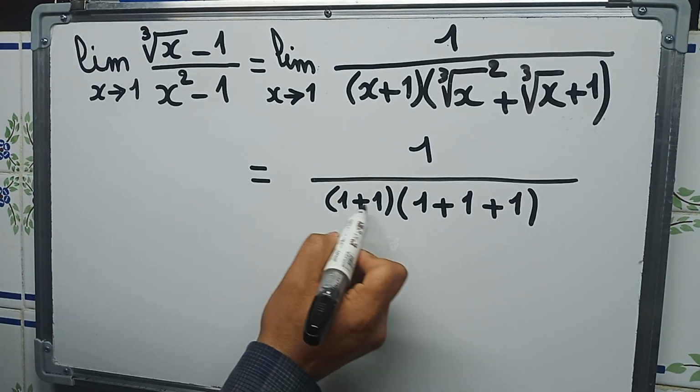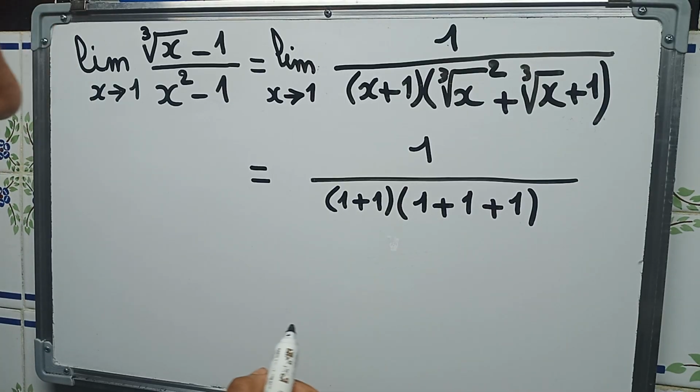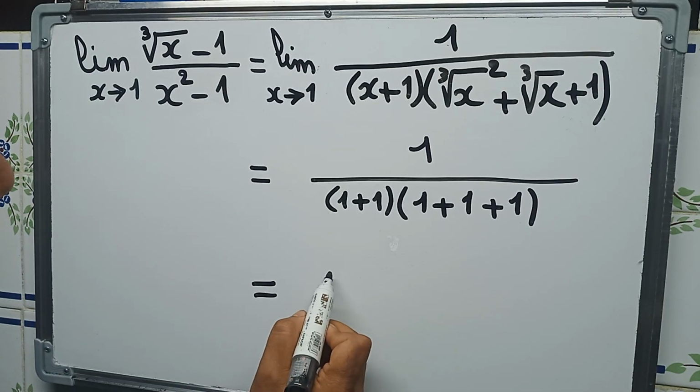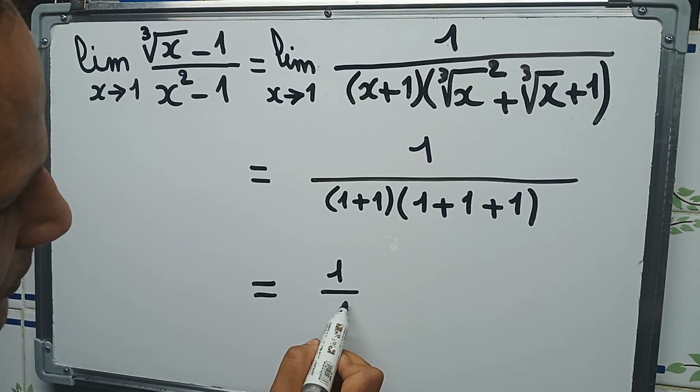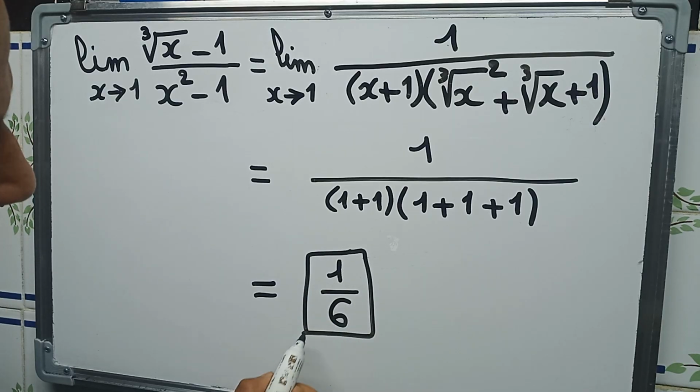So you see here 2 and here 3, and 2 times 3 is just 6. So it's equal to 1 over 6. So the value of our limit is 1 over 6. And this, of course, concludes our problem.